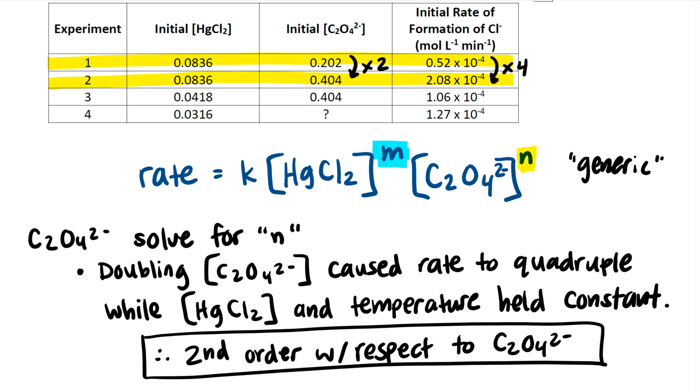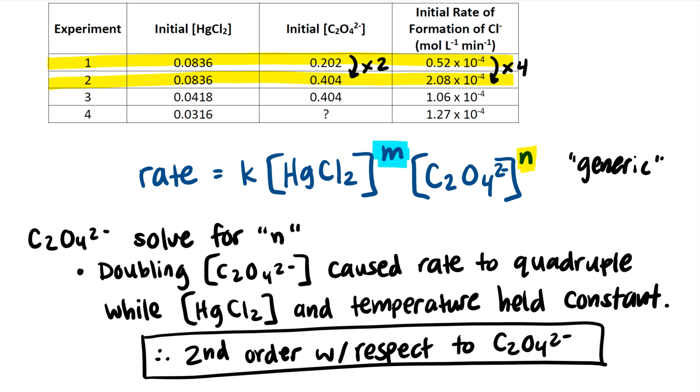Now for part B, they would like for us to write the rate expression, also called the rate law or differential rate law. That is simply plugging in the exponents into the rate law. So you go to that generic equation that we've already written down on our papers. We're now going to substitute in the value for M and the value for N that we just determined.